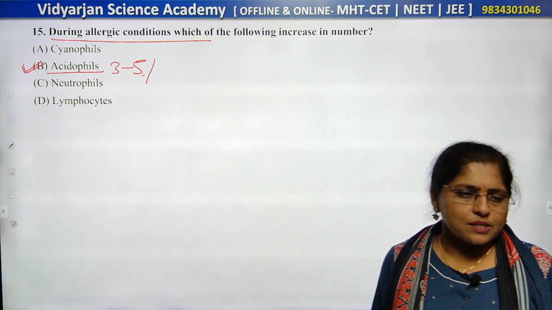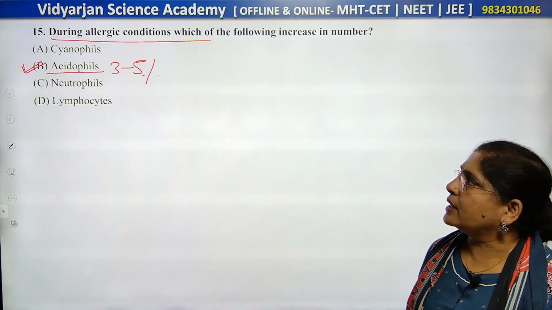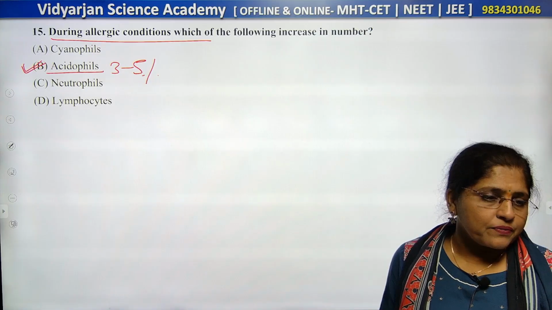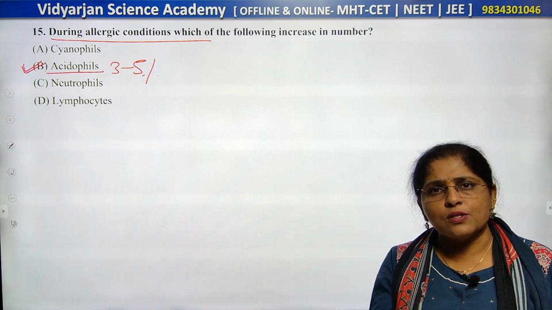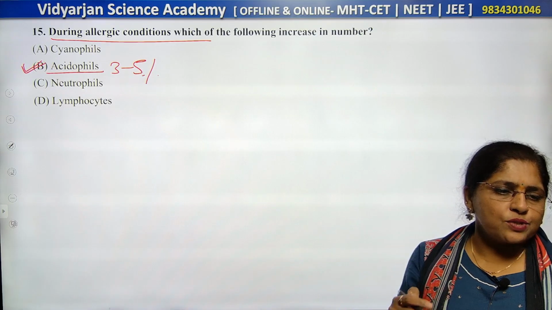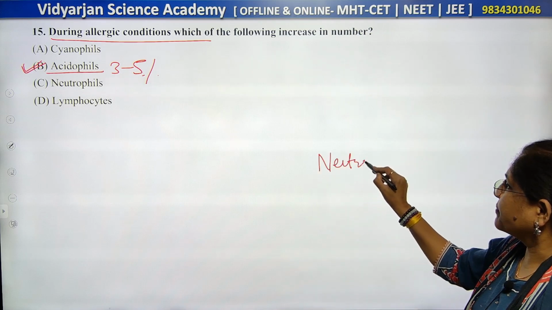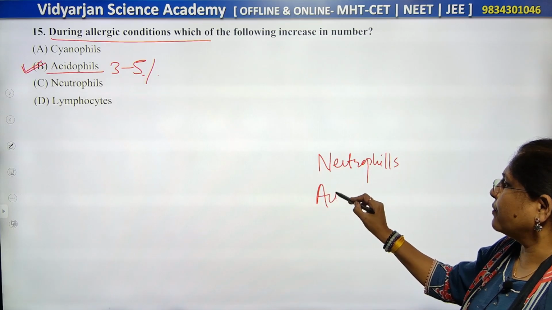Note down this. RBCs are having so many different functions. WBCs are also giving you the different functions, as WBCs are granulocytes and agranulocytes. Under granulocytes, what do you have here? You have neutrophils, then you have acidophils.